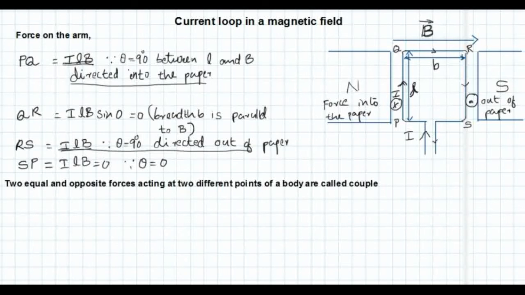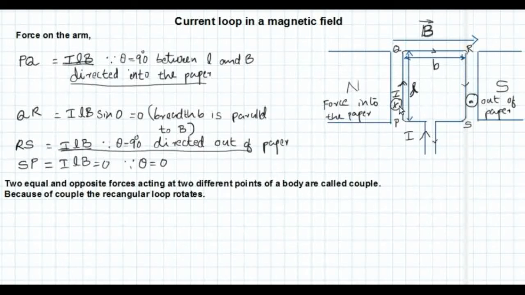So by applying Fleming's left hand rule, we can see that there is a couple acting on the coil. Because of this couple, this rectangular loop will rotate. Why? Because there is a push on the arm PQ and there is a pull on the arm RS.